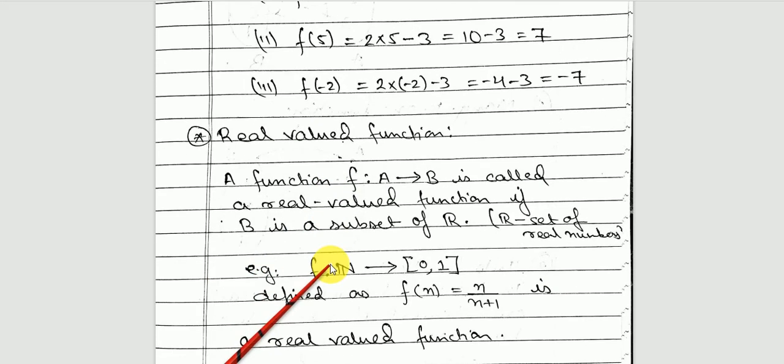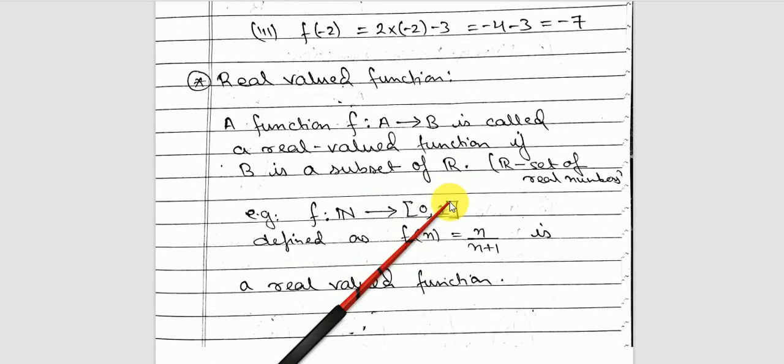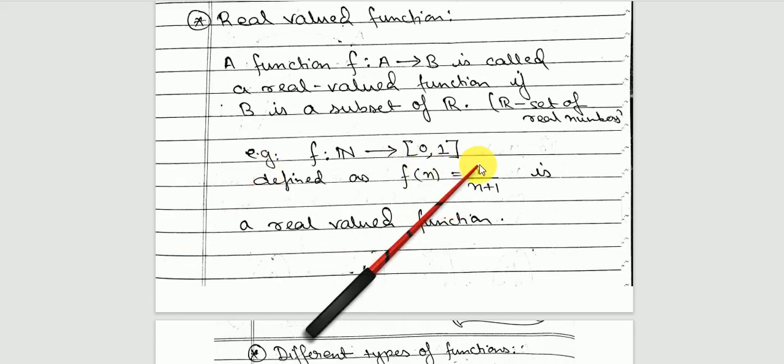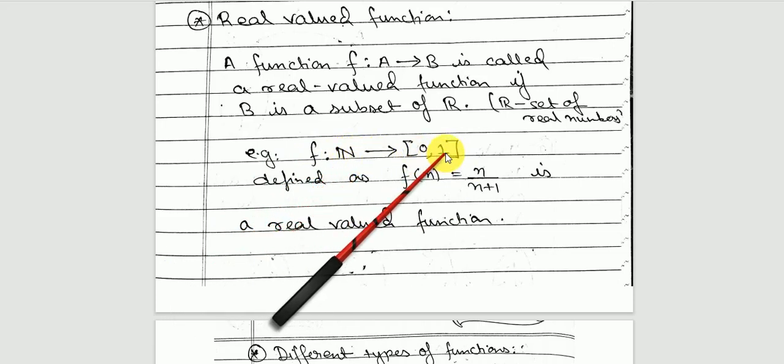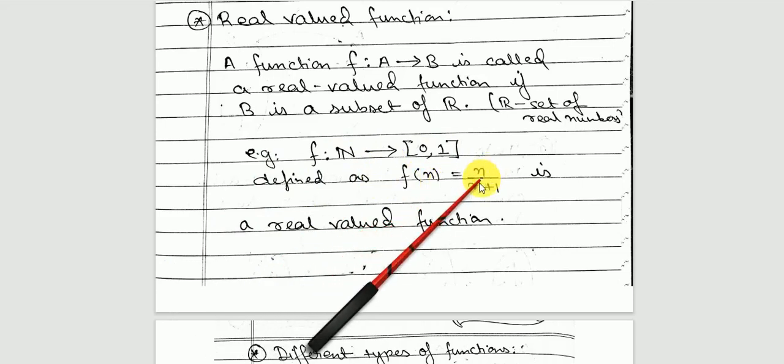Next comes real valued function. A function f from A to B is called a real valued function if B is a subset of R. If the second set B is a subset of R, then the function is said to be real valued. You can check the example over here. I have taken f from the set of natural numbers to this interval, which is a subset of real numbers, and I have defined f of n as n upon n plus 1.